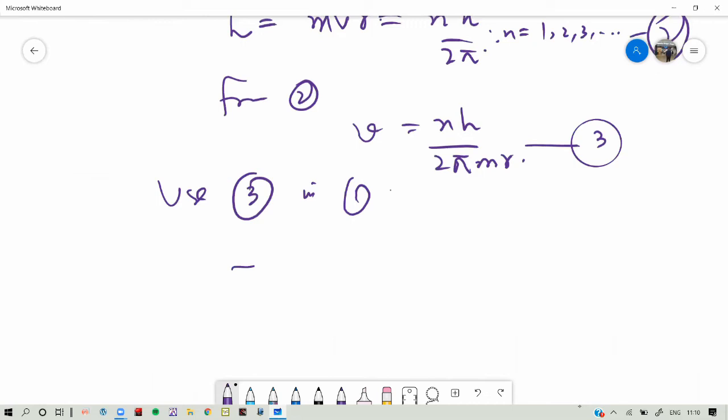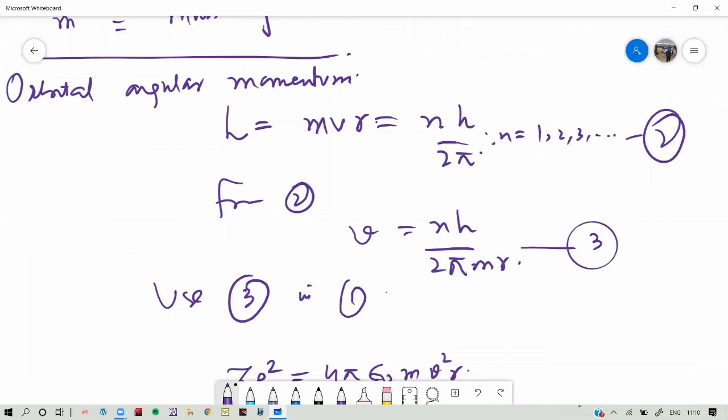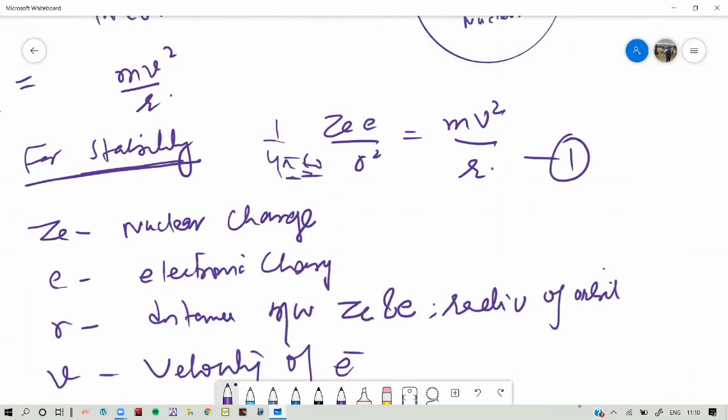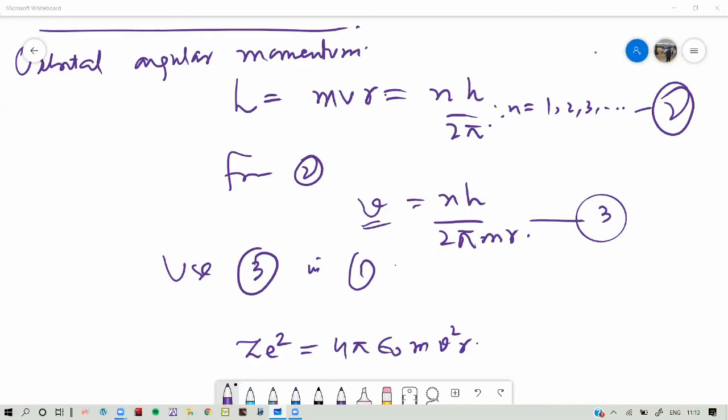So from the first equation, Z e² is 4π ε₀ m v² r.